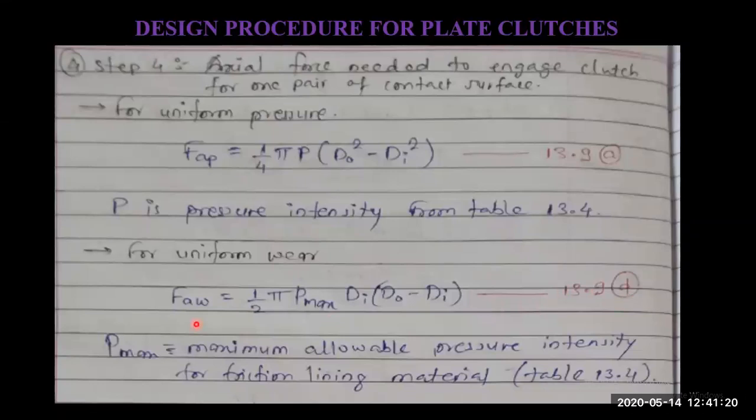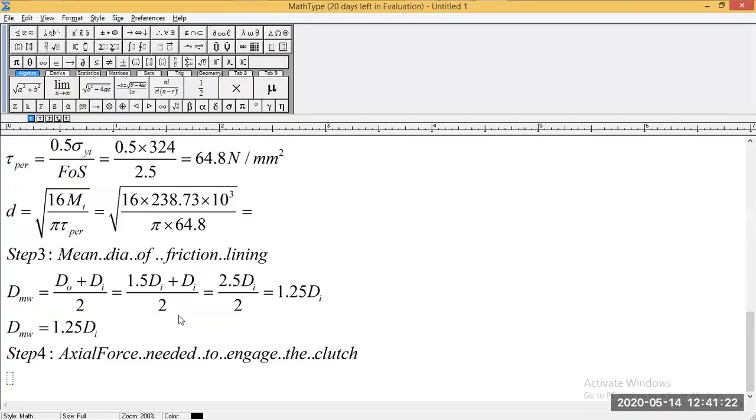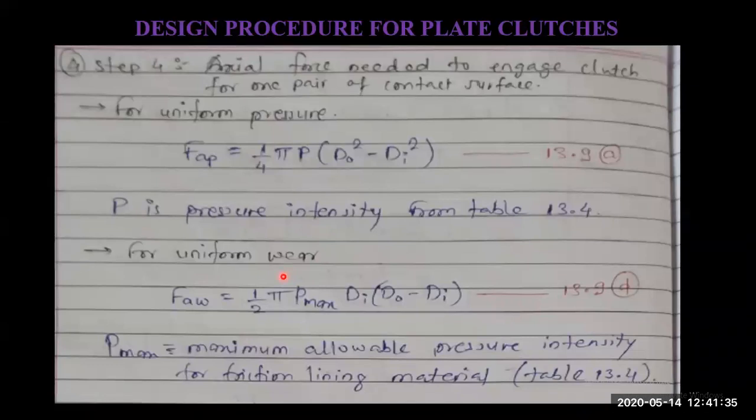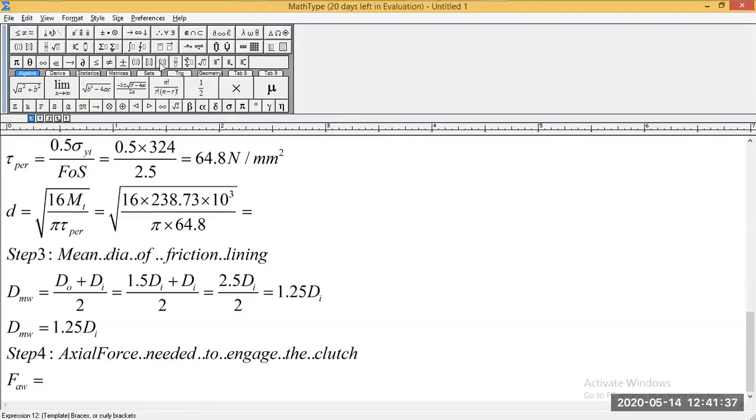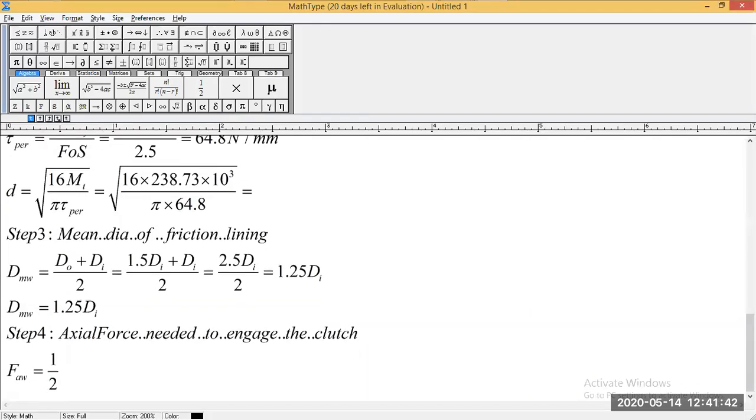This is 13.9d. FAW is the axial force required considering the wear condition. This is half pi p max. Let's use a small p here because it's the pressure; don't confuse it with power.